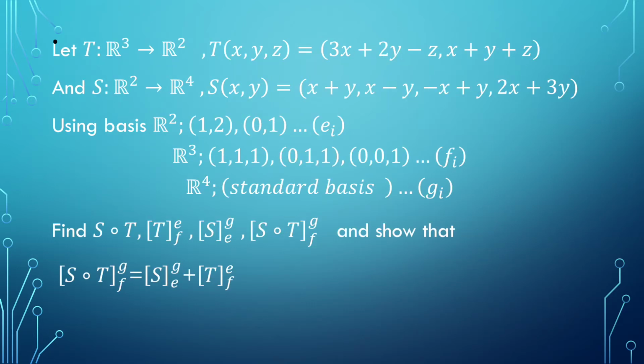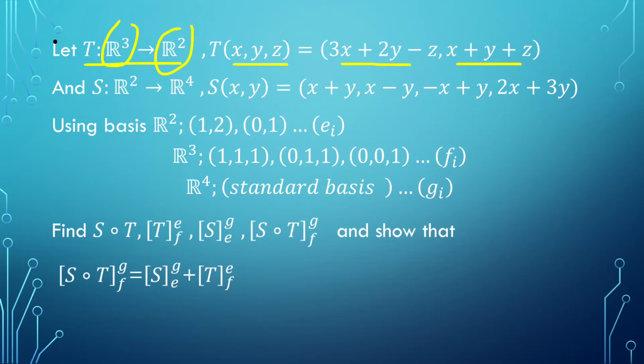If you have this transformation here, the domain is R3, therefore it is defined by 3 variables x, y, z. Then it is mapped to a range of R2, therefore the operations will be 2.